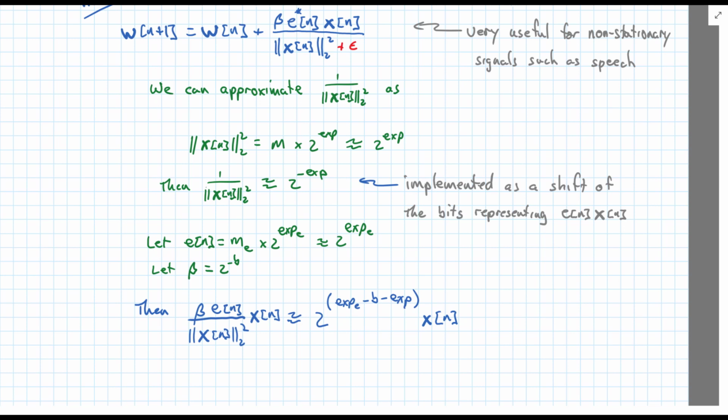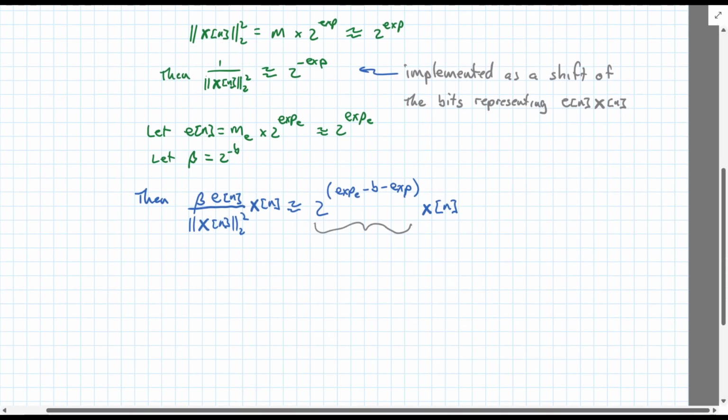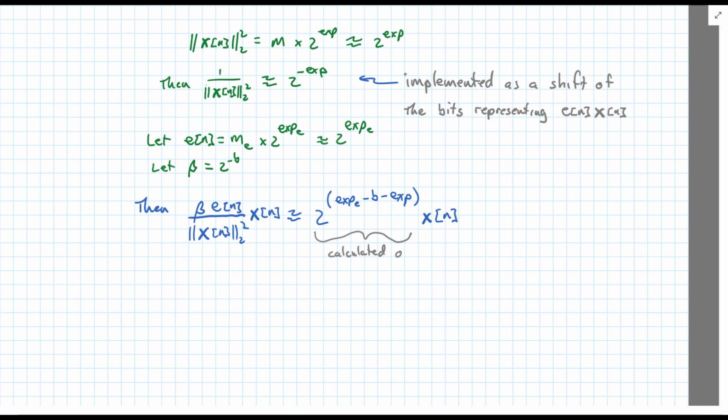There is no multiplication by beta, there's no multiplication by the error. Everything is done as a single shift. And the best part is, this is calculated once per output sample. And it's just a shift amount.